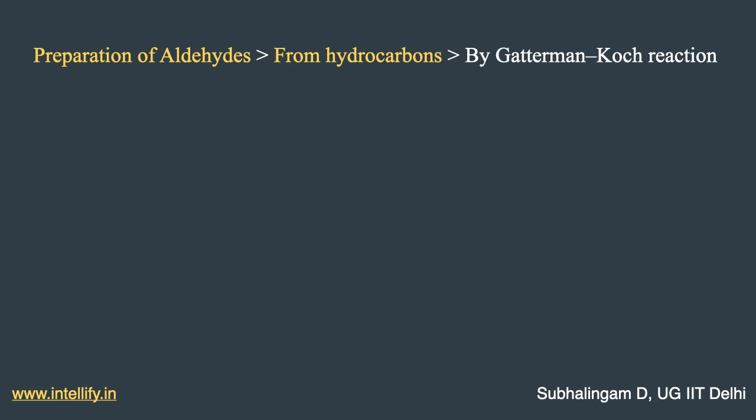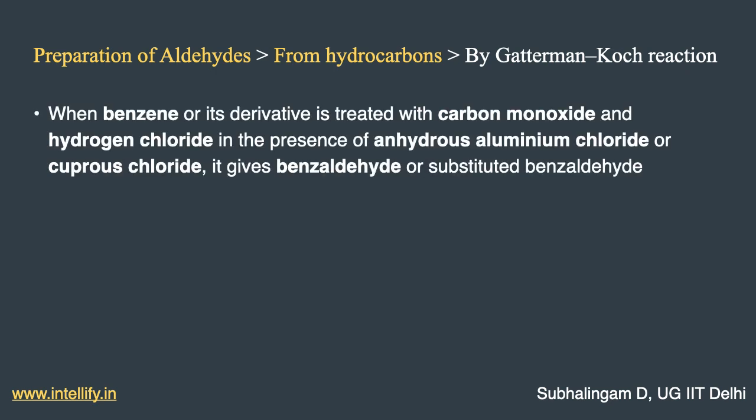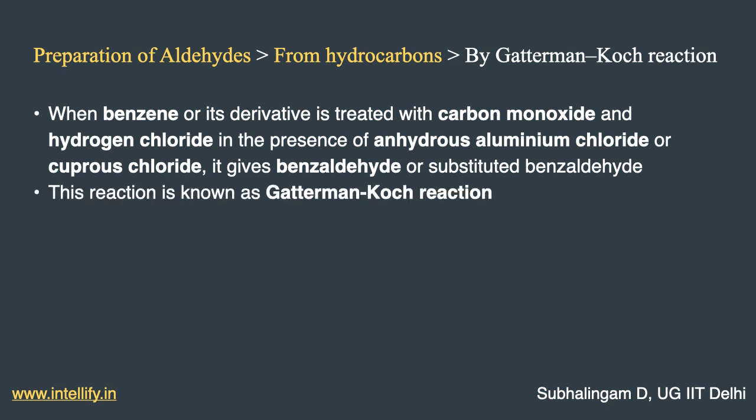Another reaction is Gattermann-Koch reaction. When benzene or its derivative is treated with carbon monoxide and hydrogen chloride in presence of anhydrous aluminum chloride or cuprous chloride, it gets converted to benzaldehyde or substituted benzaldehyde.